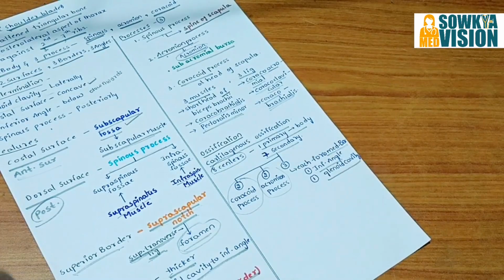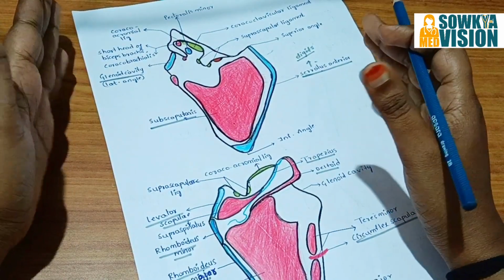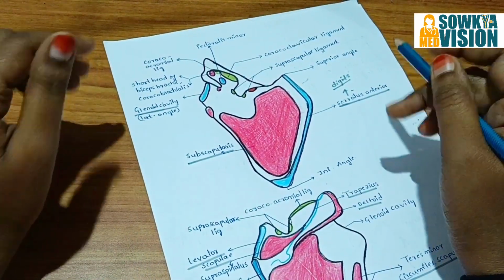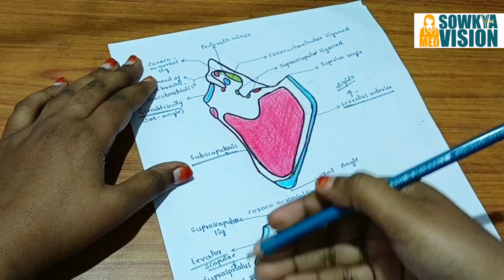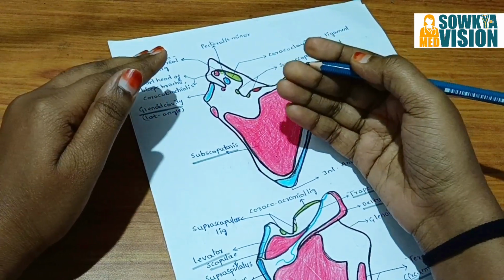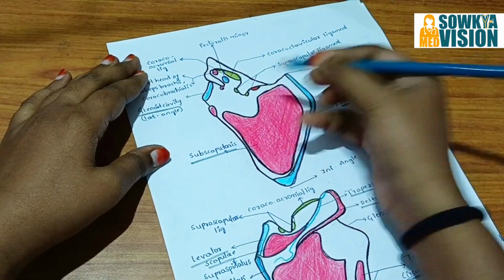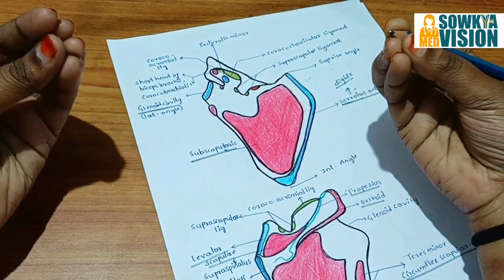Yes, let's quickly review the scapula. See, this is the complete attachment and the features of the scapula. As we said, the body contains 2 surfaces, costal surface and dorsal surface. Costal surface, what? Subscapular fossa, containing attachment of subscapularis muscle.